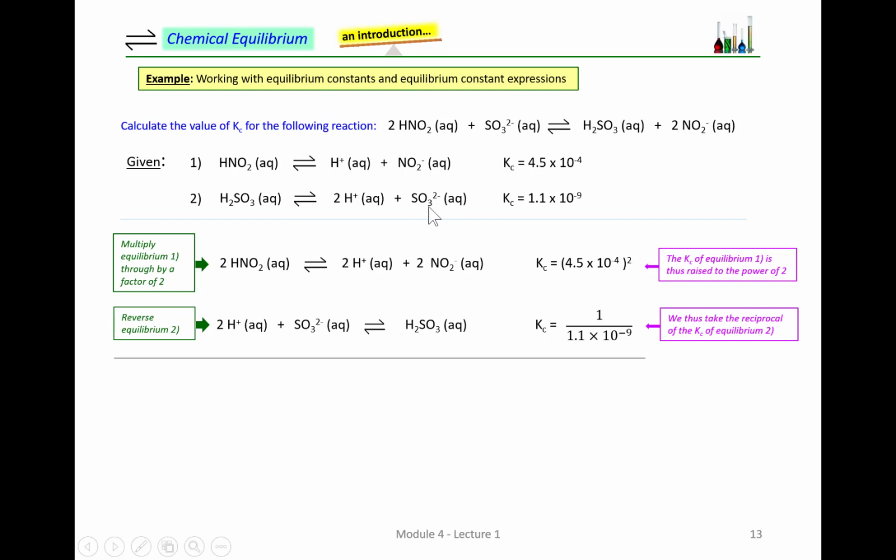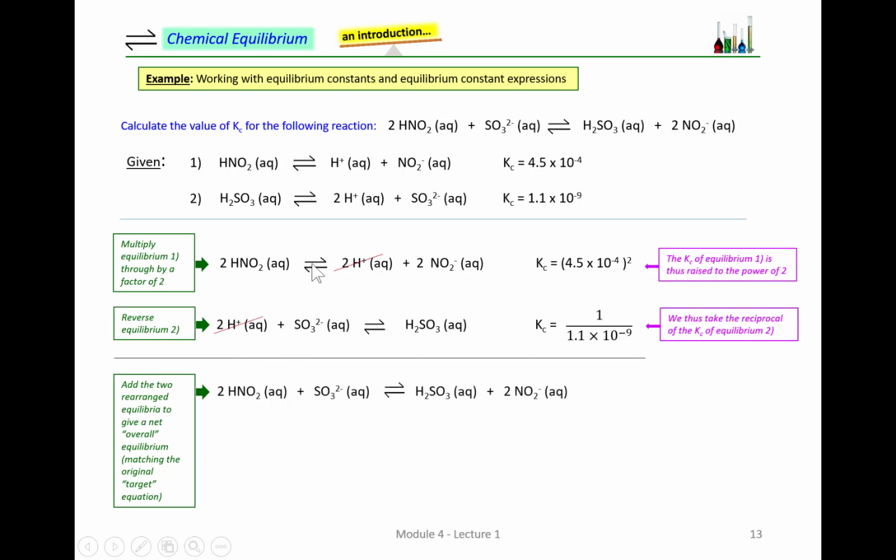That's why I reverse this. We're ready to add these up because when we do that, the hydrogen ions cancel out between the two reactions. And if we just add up what's left on the left of the equilibrium sign and on the right of the equilibrium sign, you see we get our target reaction.